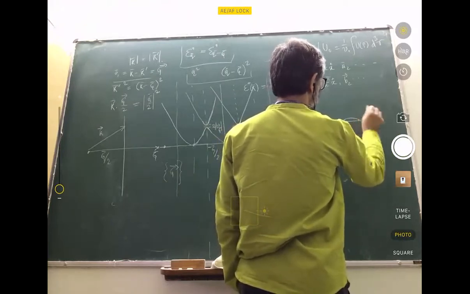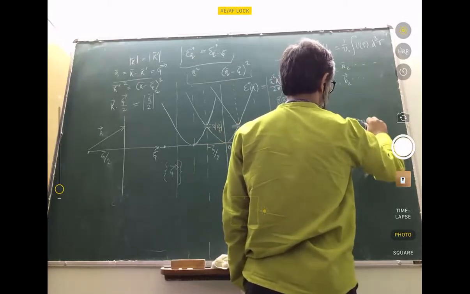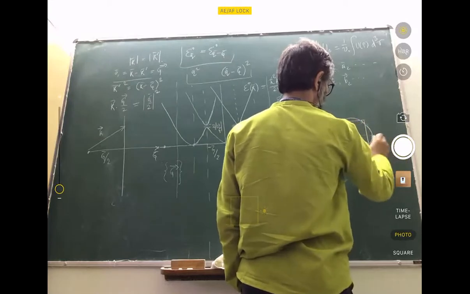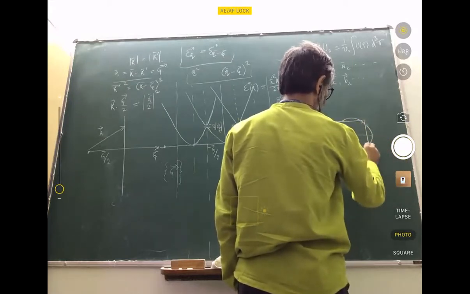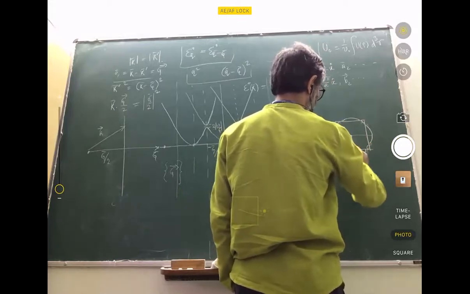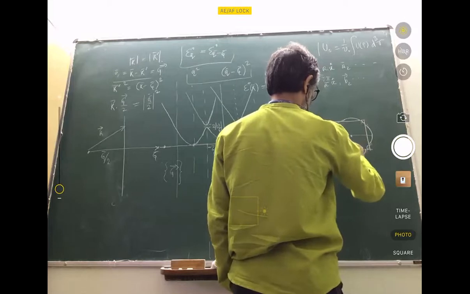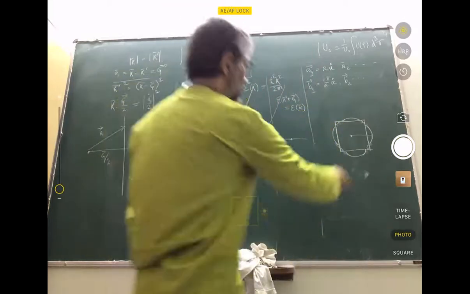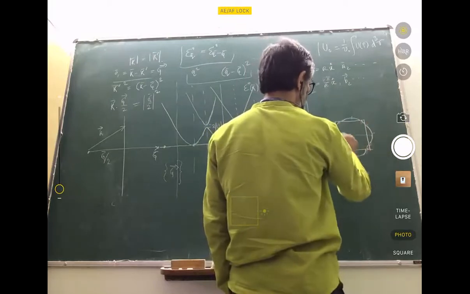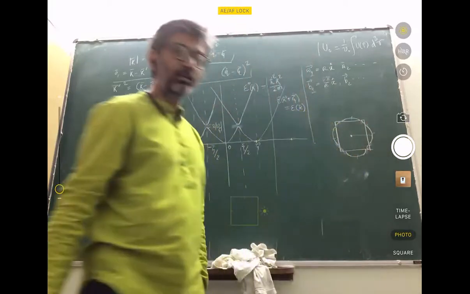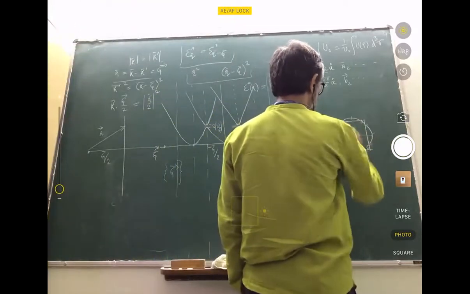So this part will be like this, and so on. So you get the idea. So then these are the branches. These come from the second Brillouin zone, and these ones come from the first Brillouin zone.